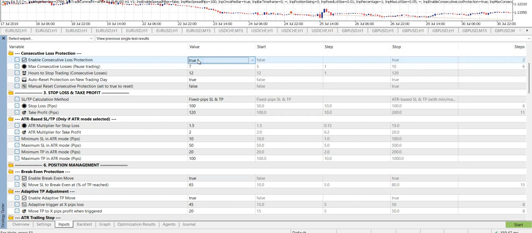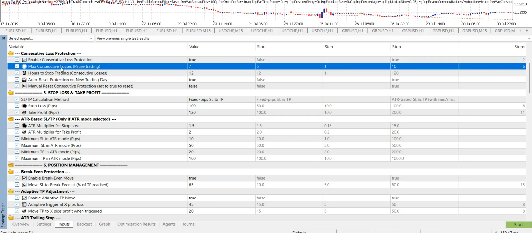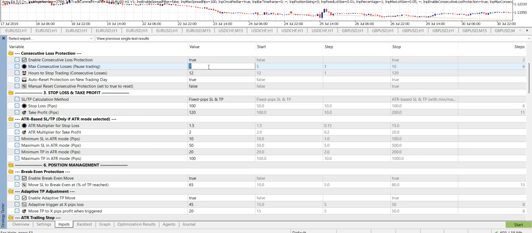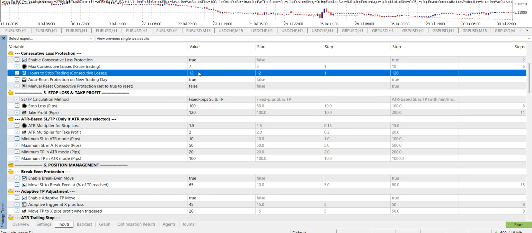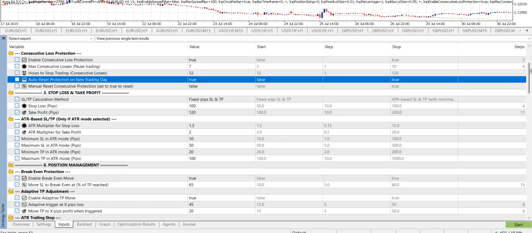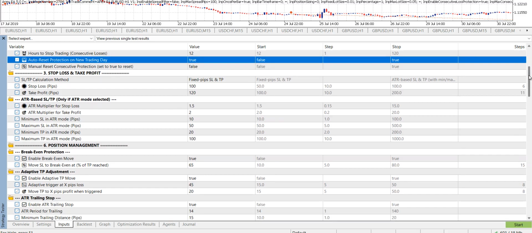If you set it to true, it means that with this parameter, max consecutive losses, it can take 7 losing trades in a row, or 2 or 3, whatever you want, and then it is going to stop trading for X amount of hours. You can also set it to reset on a new trading day, of course.